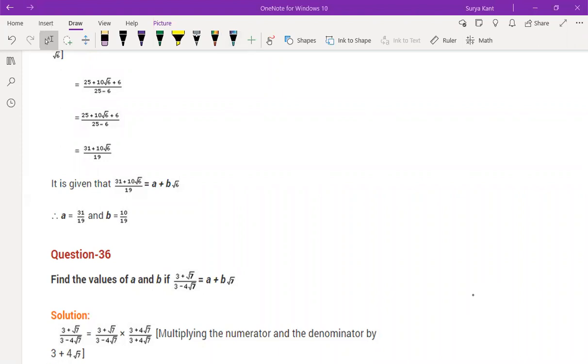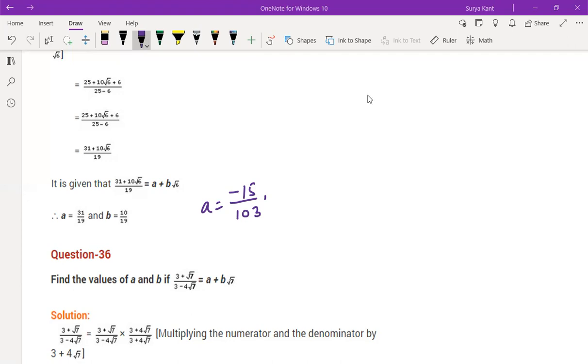Minus 15 by 103. Value of A, minus 15 by 103. Okay, what is B over here? Shriyanvi, what is B you are getting? A is minus 15 by 103. What about B? B is minus 37 by 103.